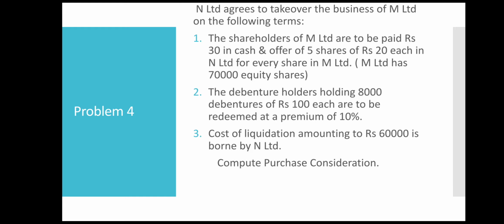Let us look at the second point. The debenture holders holding 8,000 debentures of rupees 100 each are to be redeemed at a premium of 10%. So this point speaks about debenture holders. Now, while calculating purchase consideration, we don't consider any payment made to debenture holders or anyone else except equity shareholders.